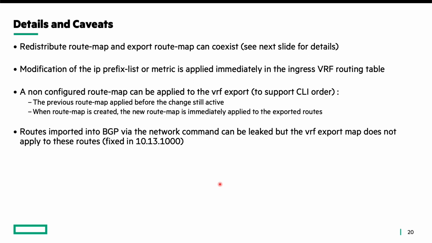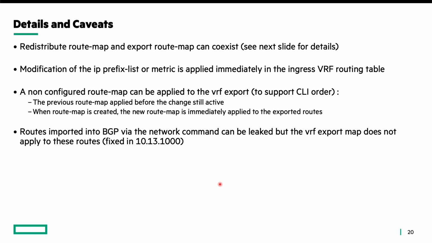We also discovered an issue during some testing that is being fixed in 10.13.1000. There are different ways to import routes into BGP. The most common is using a redistribute command, redistributing from a routing protocol into BGP. Another way is to apply a network command if you have the route in your route information base.